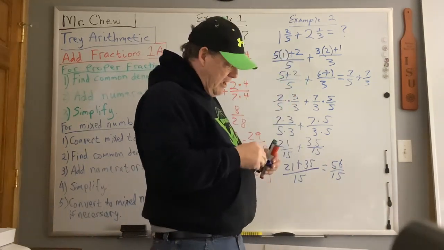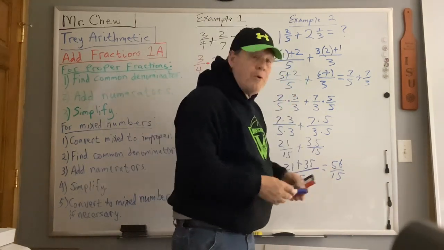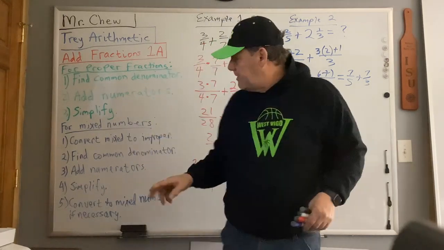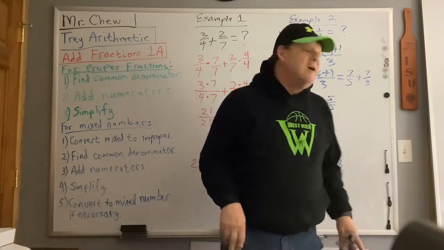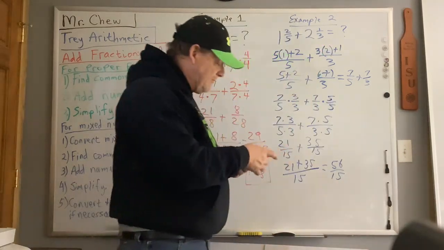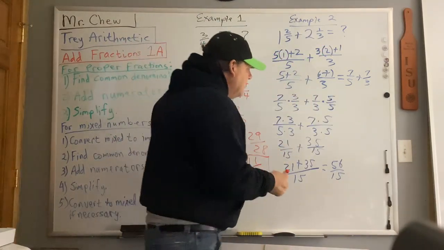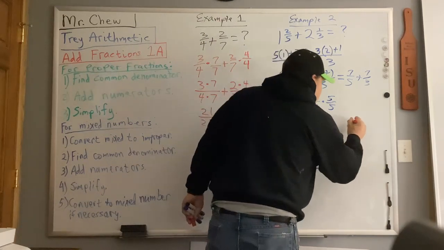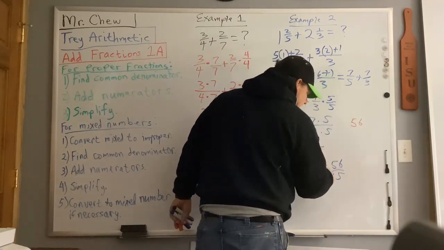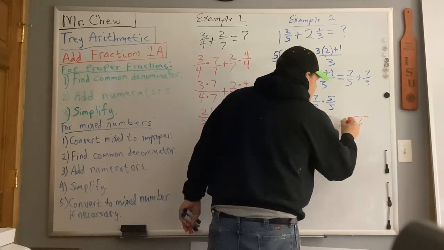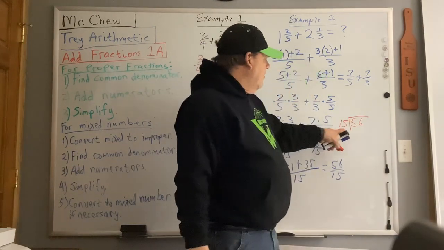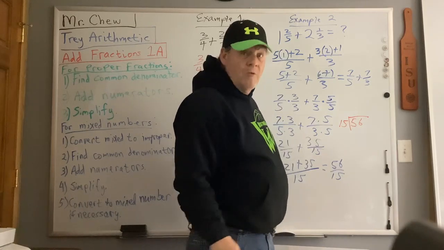Now you have to say, okay, this is improper, but I always look at that last step, convert to mixed number if necessary. So since this is improper, I have to convert it to a mixed number. So this means I take the number 56, and that bar means divide by 15. 4 of them would be 70, 3 of them would be 45.